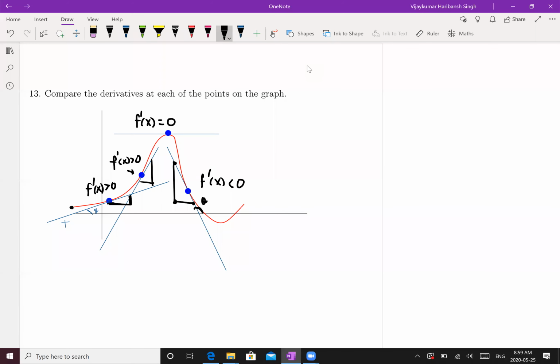Later on we'll see that if the derivative is positive, it hints, of course this is not a proof, that f is increasing. Conversely, if f is increasing at a point or on an interval, then the derivative is positive.